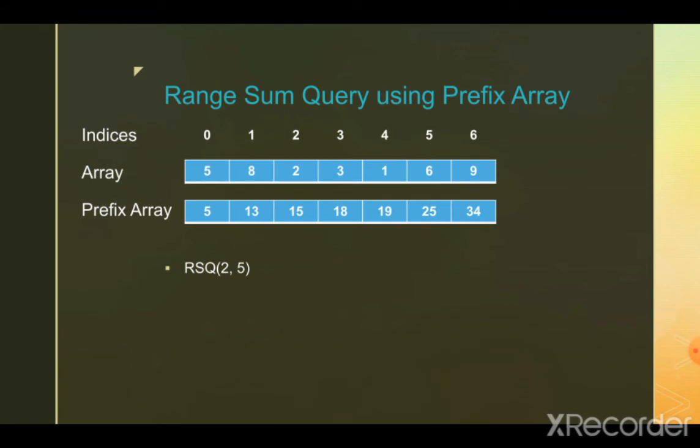Now, after constructing the prefix array, let us see how we can perform the range sum query using the prefix array. So we have already constructed the prefix array here, and the positions of the indices are shown. And now we want to determine the range sum query for the range 2 to 5 inclusive, from position 2 to position 5.